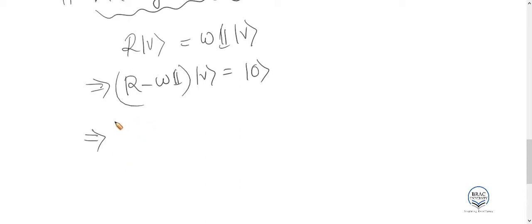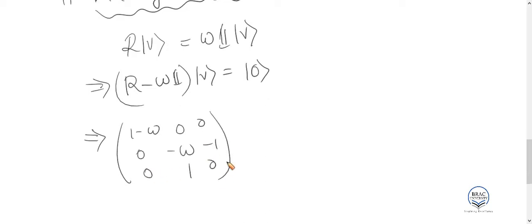So this will mean that I have to do the following. I'm writing this R minus omega identity first. It will be 1 minus omega 0 0, 0 minus omega minus 1, and 0 1 minus omega. And this v will be a column matrix because we are doing a standard matrix multiplication over here.